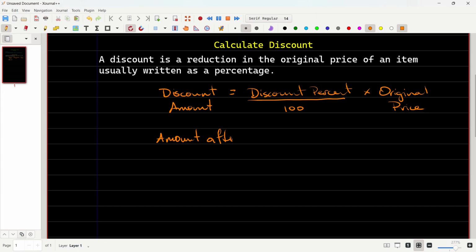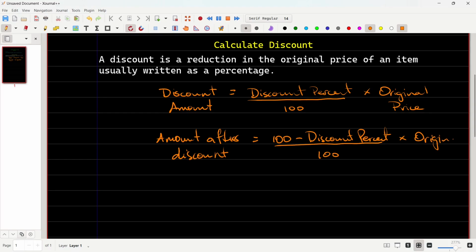If you want to find the amount after discount, all we have to do is recognize that we're finding the discount fraction of the original price. What if we just decide what remains? So we can say 100 minus the discount percent, divided by 100, times the original price. All right, so this here would give you the amount after discount, and this here would give you the amount that you are discounting.